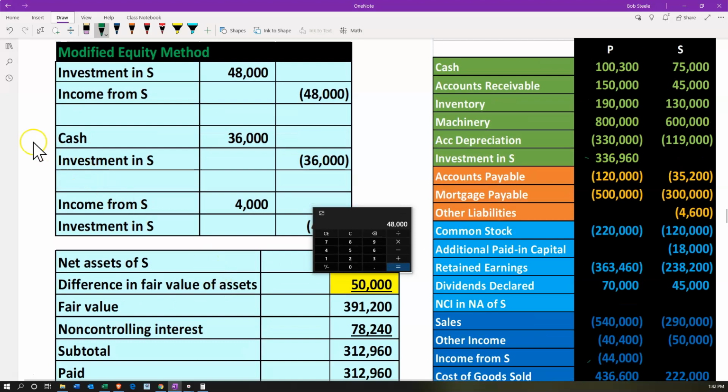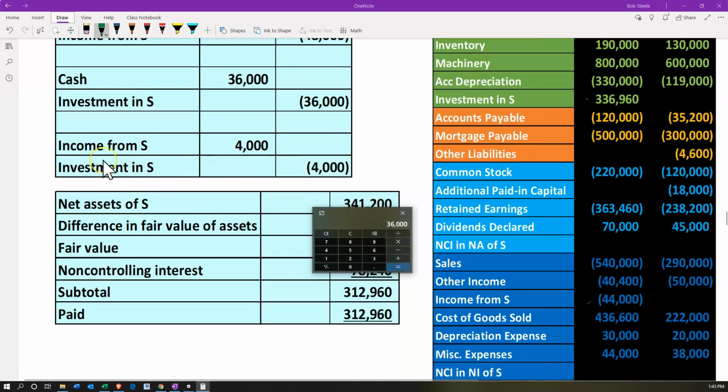And then we'll have the dividends, which are the 45,000 that went out from S, 80% going to P because they have 80% interest, so 45,000 times 0.8. That's going to be the 36,000 cash going up on P's side, and the investment, the 36,000. Then we're going to have the adjustment we have to make for the income, not for the intercompany.